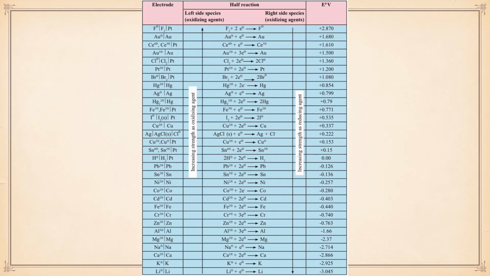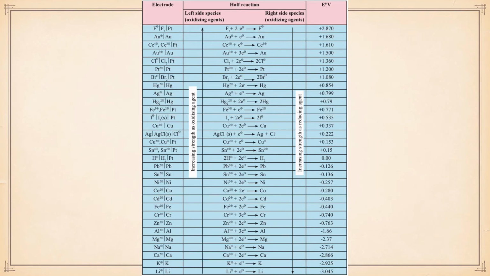Among these two, which will act as cathode and which will act as anode? Chlorine will act as cathode and zinc will act as the anode, because zinc is at the bottom, it has a negative value, and chlorine has a positive value. So chlorine will like to reduce and zinc will like to oxidize. Therefore in this case chlorine will act as the cathode and zinc will act as the anode.